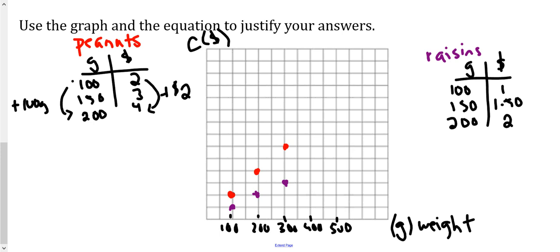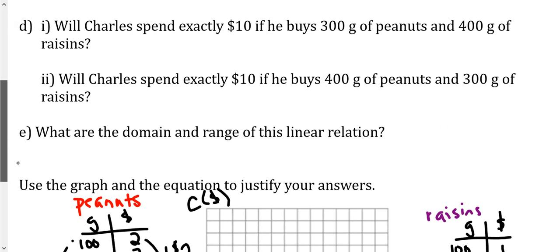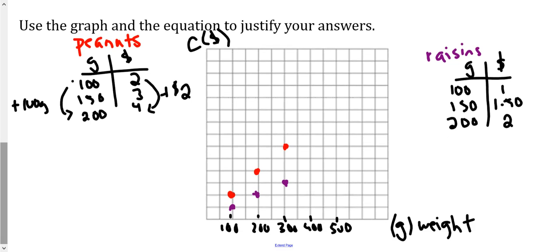Before we finish this, let's move to part C. Let's write an equation for the relations. So over here, peanuts, we know that the cost of peanuts, we know from our chart that our peanuts have an increase of $2, so our Y value increases $2 for every 100 gram increase.